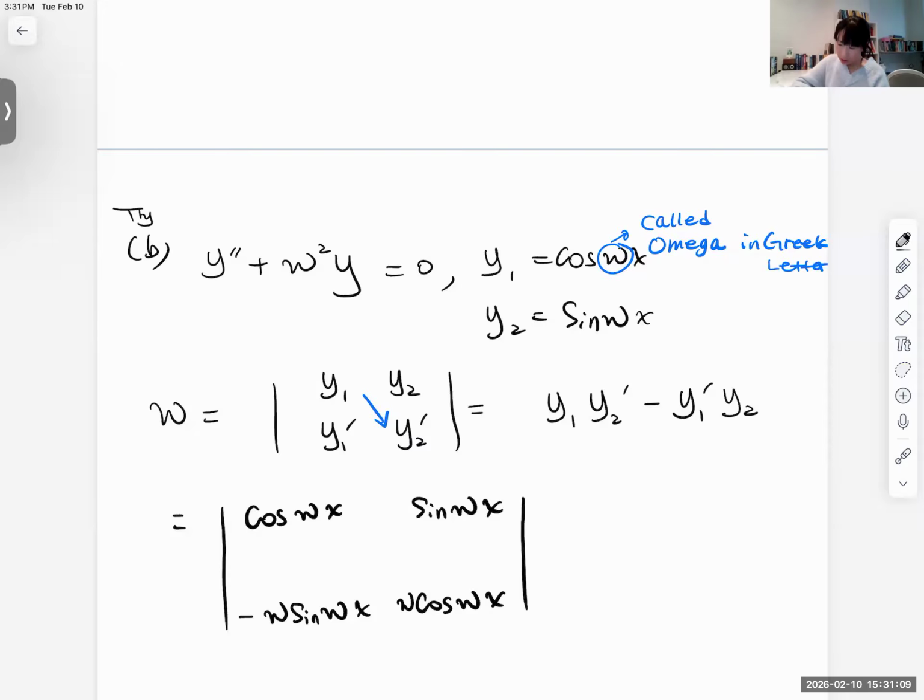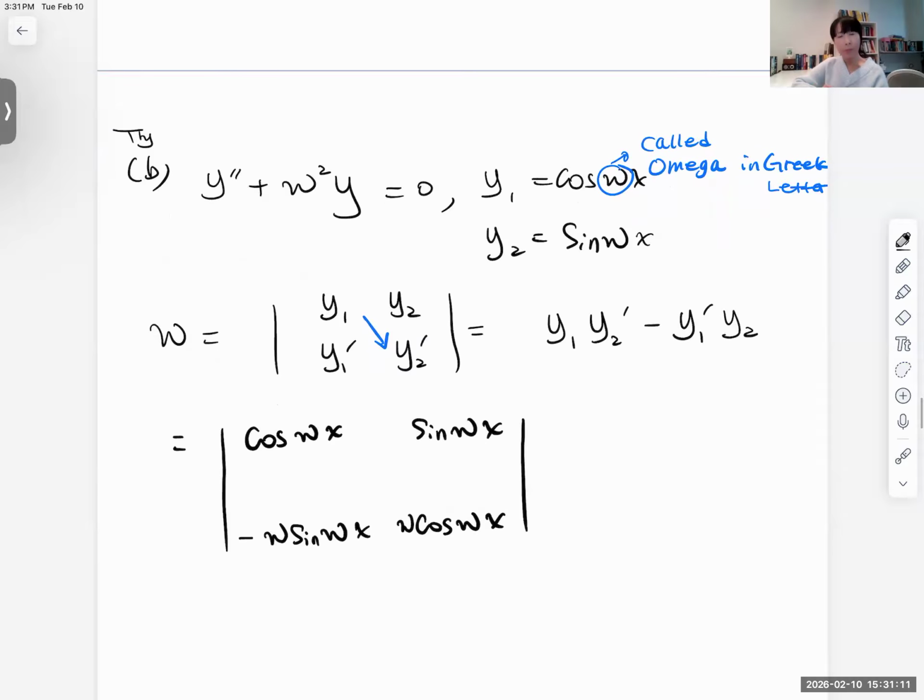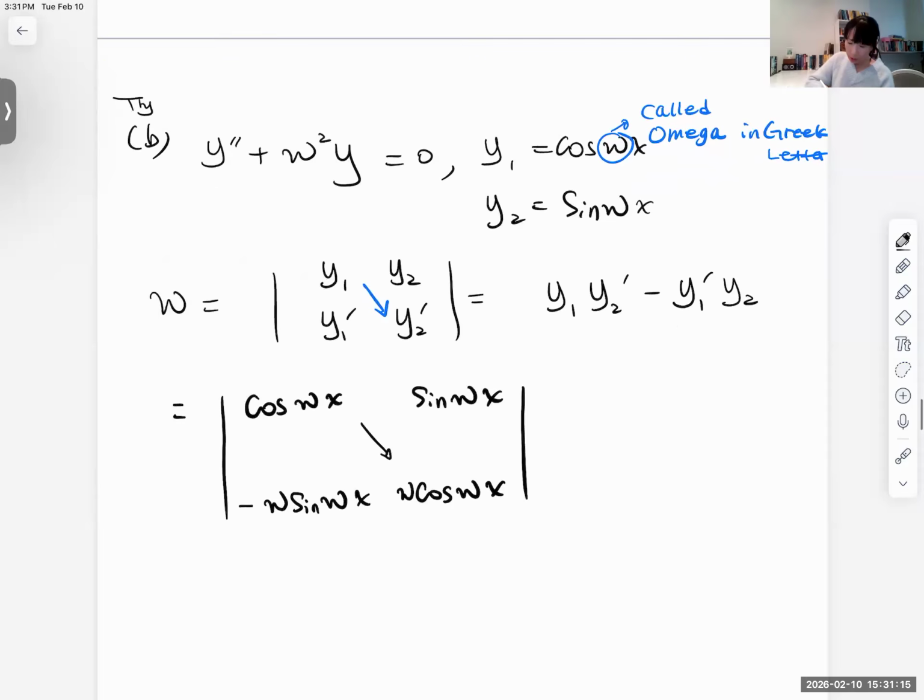Okay, let's calculate. So we multiply. So there will be omega cosine square omega x, yeah? Minus, then we have negative omega sine square omega x, yeah?